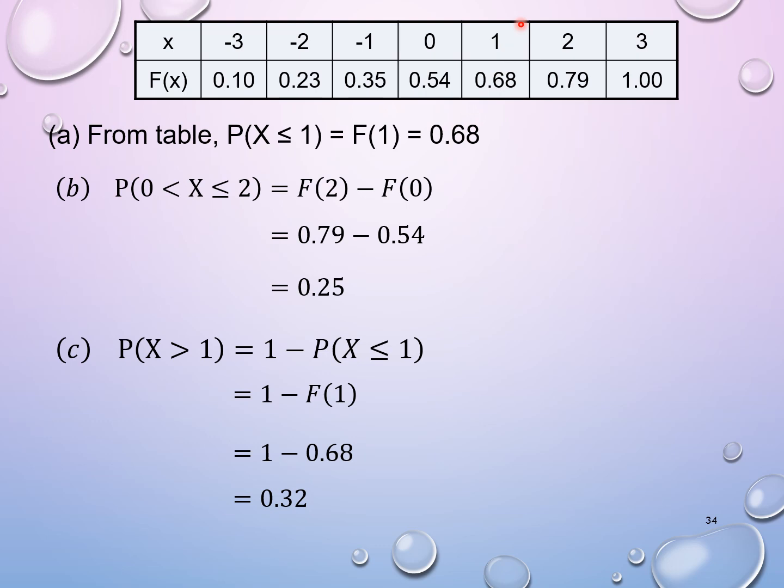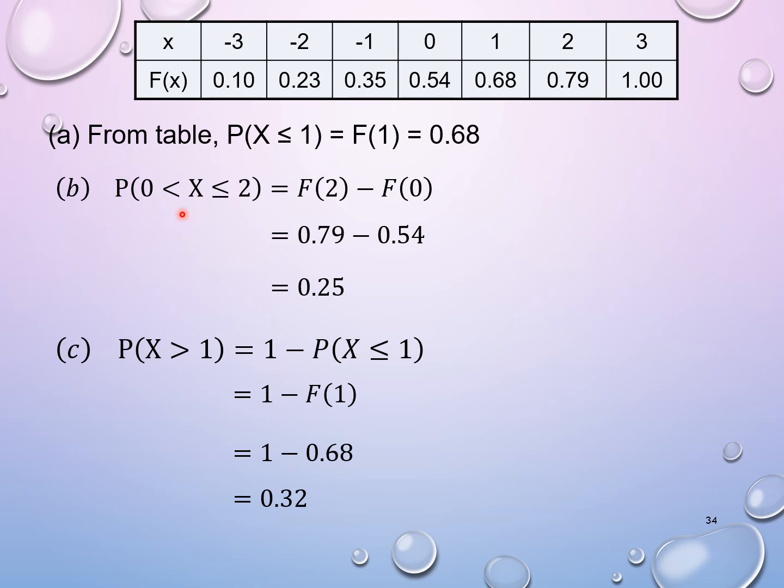So the cumulative of 1 is here. You can straightforwardly take it as 0.68 because this is the cumulative. If this were not a cumulative but a probability, then you would need to sum up each of these up until this. But since this one is already stated as a cumulative, we just take this value straightforwardly. Okay, that is A.